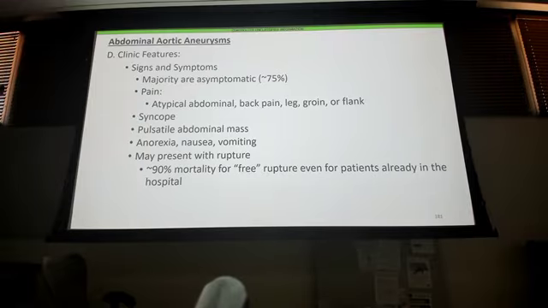They may have just vague pain, but if that were to rupture, then they could come in with pretty severe symptoms, mortality, those kinds of things, because the abdomen can hold quite a large volume of blood before it's tamponaded and the bleeding stops. So you can lose a lot of blood in the abdominal compartment.